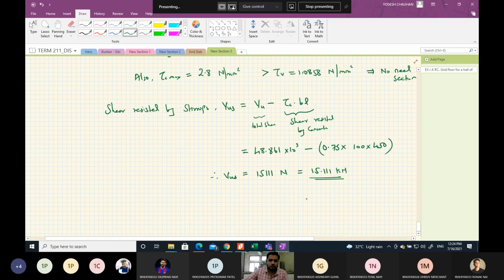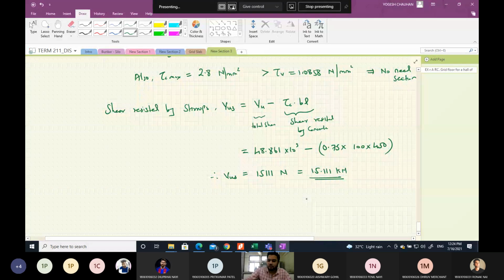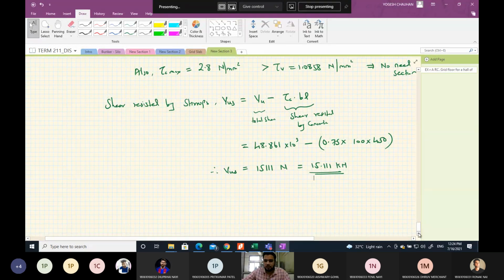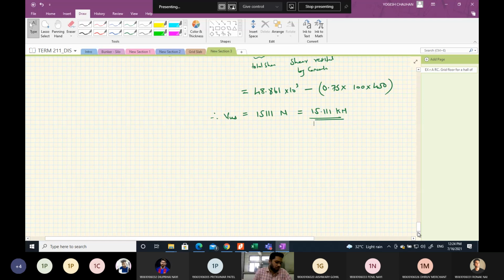So let us find this shear spacing, using two-legged 8 mm stirrups.